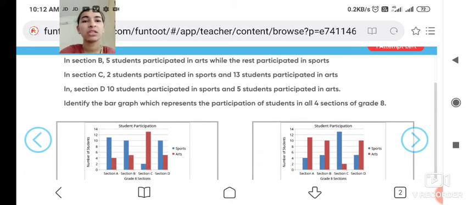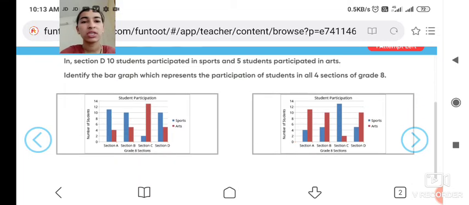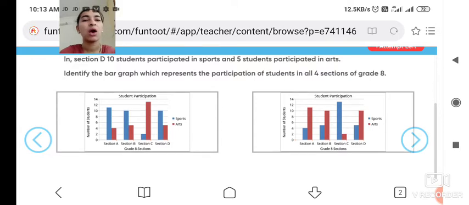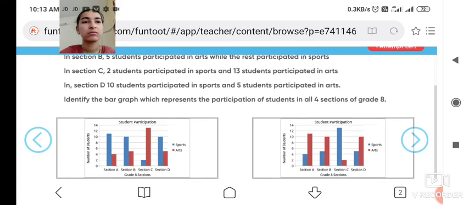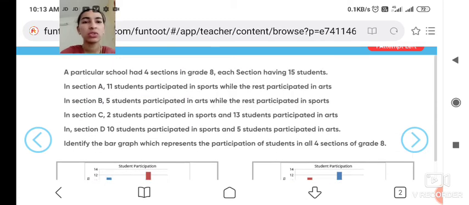Now identify the bar graph which represents the participation of students in all 4 sections of grade 8. In section A and section B, how many students are there? There are 2 bar graphs. Which one is correct? You have to write the answer according to whatever information is given. Now in section A it is 11:4.